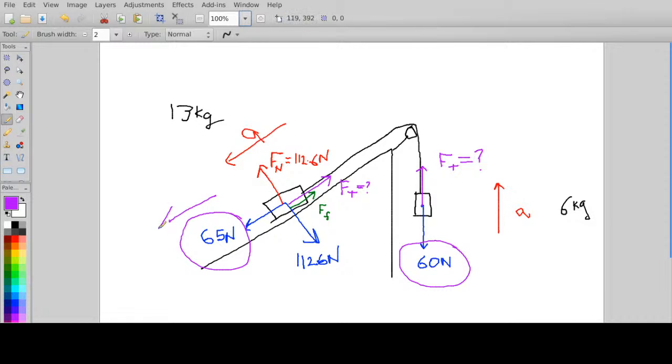In other words, this one wants to pull things this way, not only the 13 kilogram box, but also the 6. And this one wants to pull everything in the other way. So it wants to pull the 6 kilogram down, and it wants to pull the 13 up. Well, which is the bigger? The 65. And that's another way to see, just sort of roughly, just to reason out, that the acceleration is going to be in the direction that I drew it, okay?